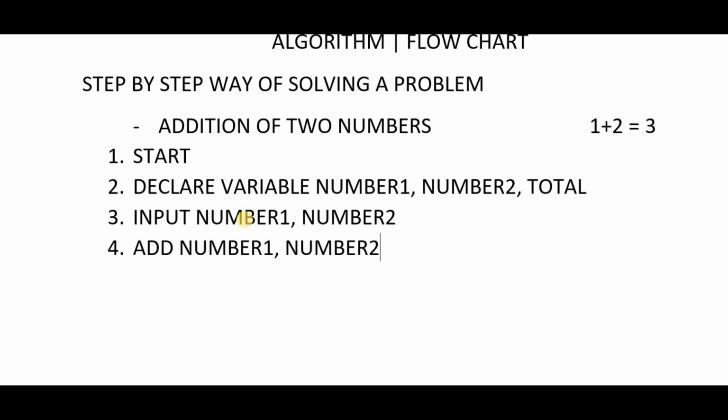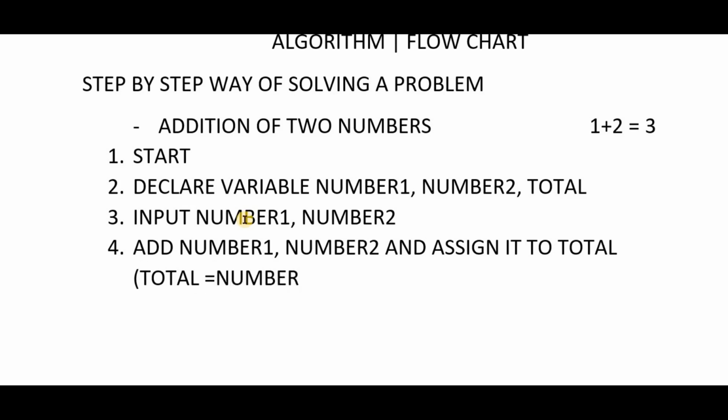You add number 1, number 2, and assign it to total. Yeah. So this is how the operation is going to be. So total is equal to number 1 plus number 2.